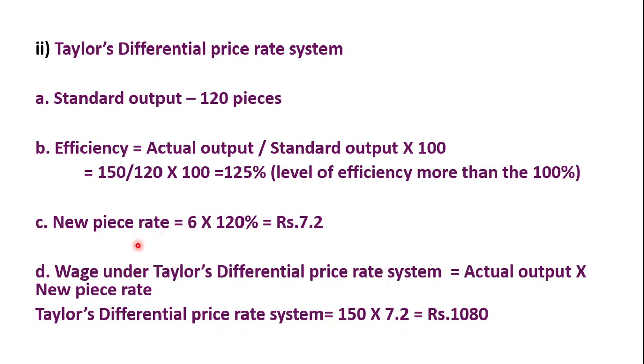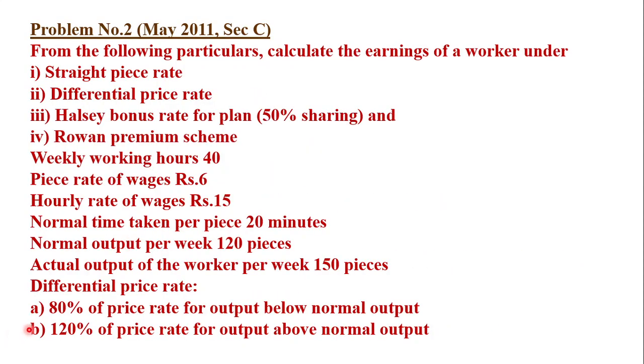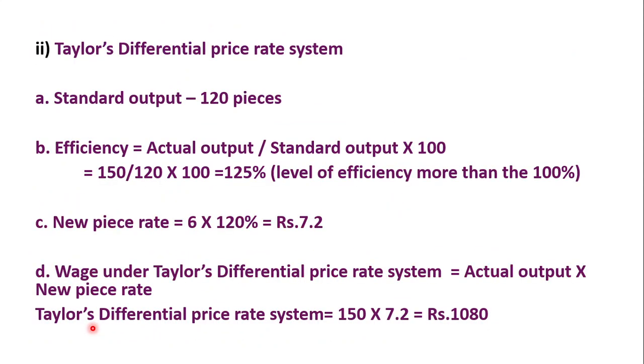Now, new piece rate. Here in the problem it is specified, see here, 80% of the piece rate for output below normal output. If they have produced less than the normal output, 80% of the piece rate. If they have produced more than the normal output, 120% of the piece rate. So, here the worker has produced more than 100%, that is 125%.